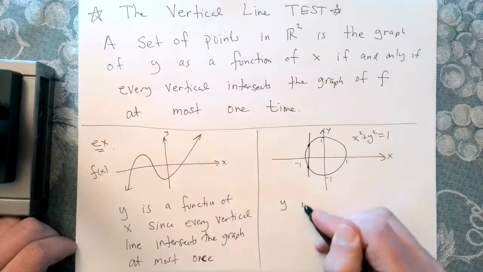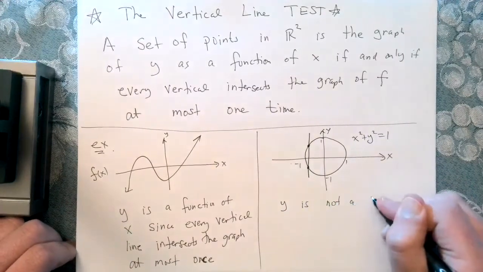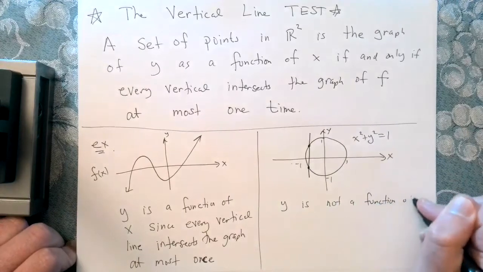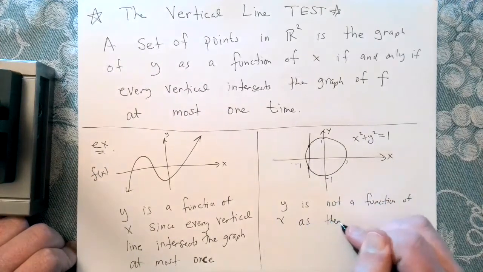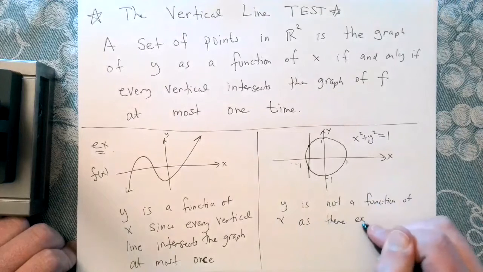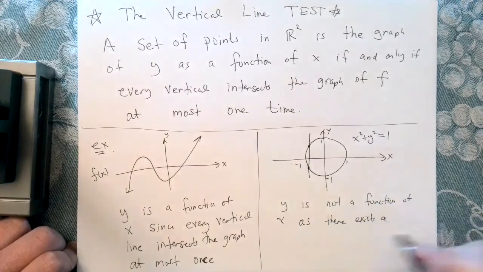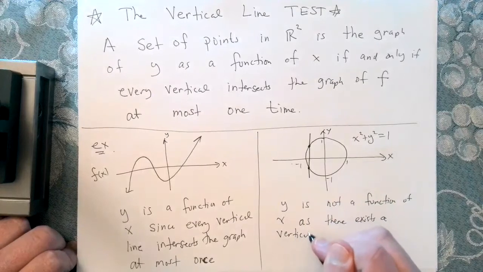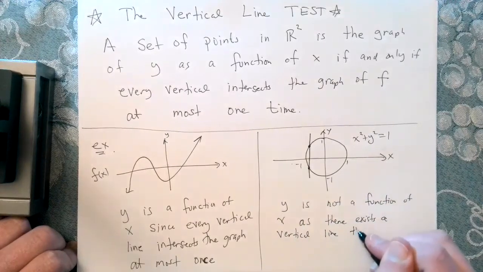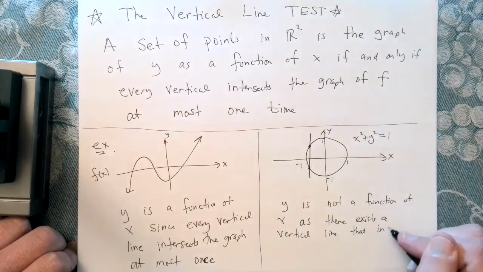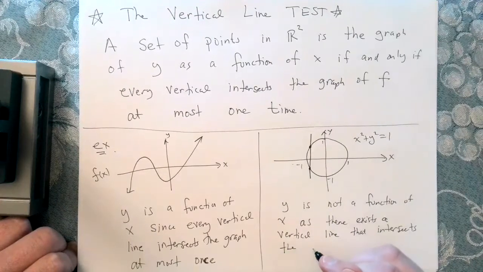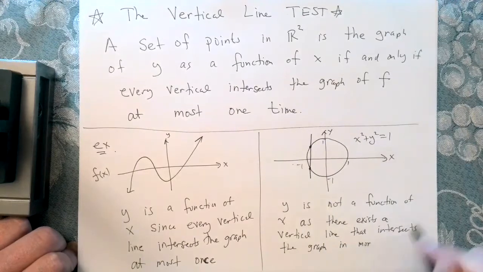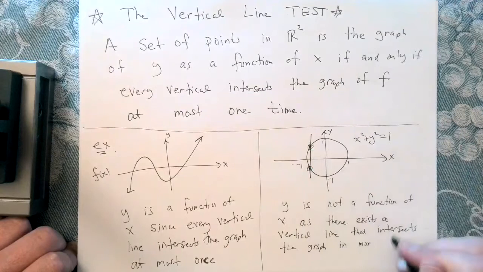So y is not a function of x, as there exists a vertical line that intersects the graph in more than one location. You can see that here and here.